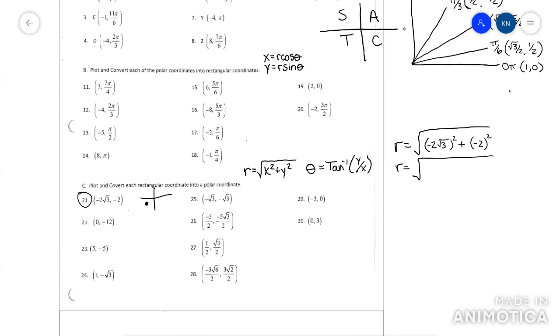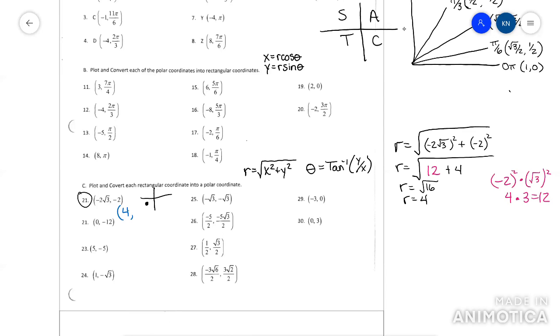So I don't know if you know how to do negative 2 root 3 squared, but it looks like this. I shouldn't have to teach you that, but there you go. And then the negative 2 squared is 4. So you're really looking at the r of 12 plus 4 is 16. So the root of 16 is 4. So in terms of answering this question, your r is going to be 4.